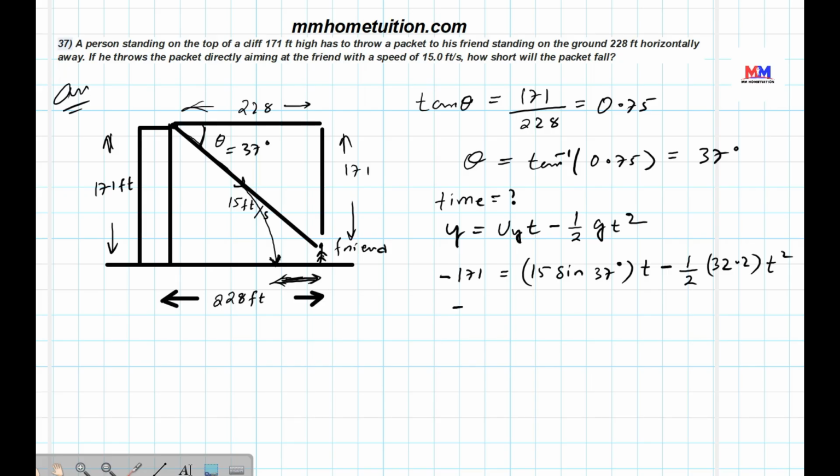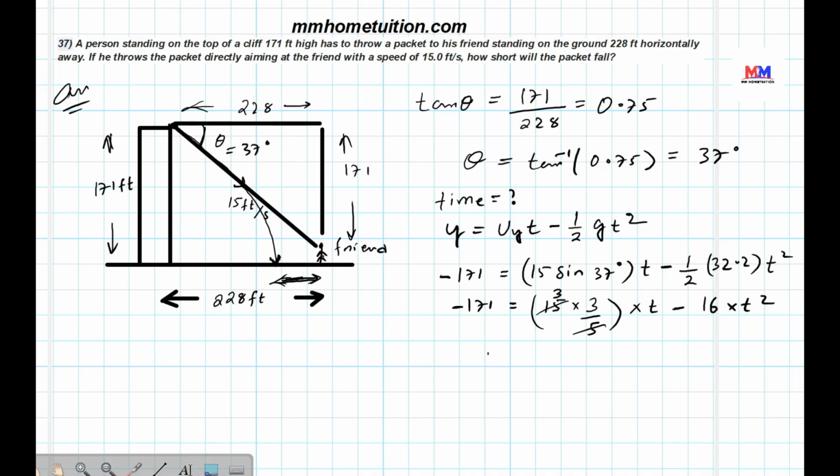Minus 171 equals 15 sin 37 t minus 16 t square. Sin 37 is 3 by 5. So this is 9t.